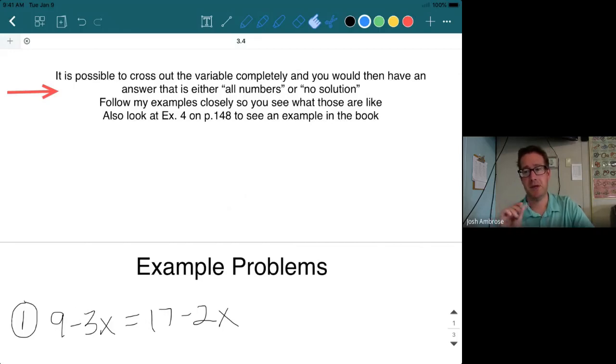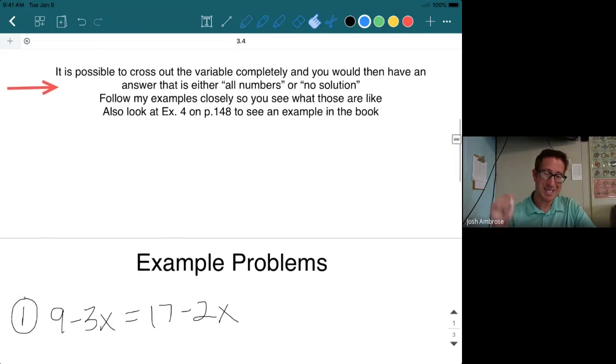Now, something I do want to reference: in the last section, we talked about how to eliminate a fraction if that fraction is in front of the parentheses. Hopefully you remember you would multiply both sides by that fraction's reciprocal. But in this section, there's something different.